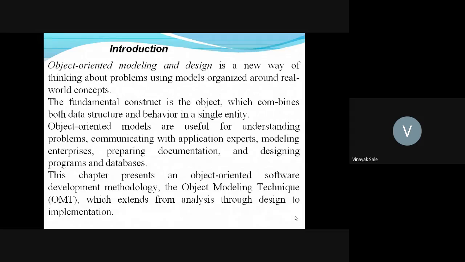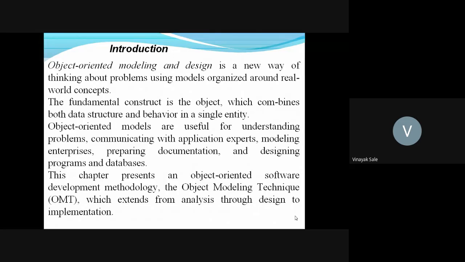So, in the previous lecture, we have studied that object modeling and design is a new way of thinking about problems using models organized around real world concepts. What is a model? A model is a small thing or a demo through which we can construct a big thing. What is an object? An object is an instance of a class.